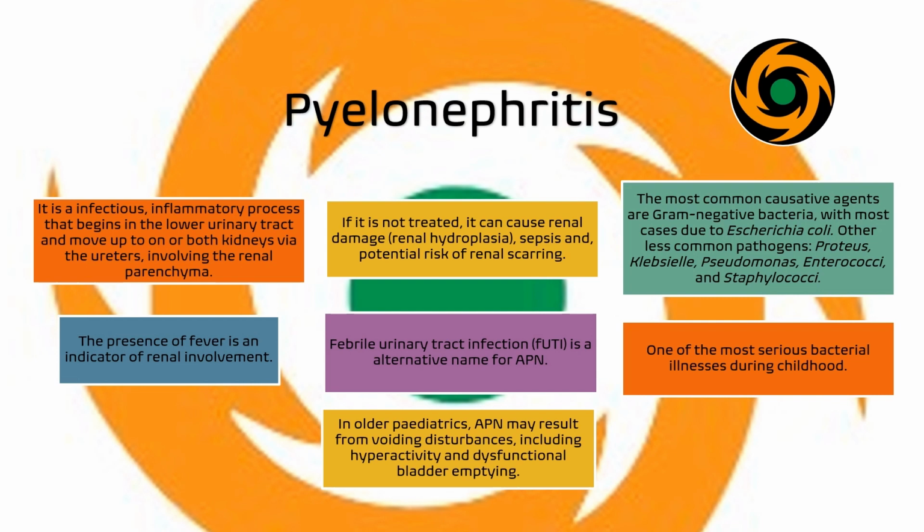Pyelonephritis generally is perhaps one of the most serious bacterial illnesses in pediatrics, or young people, and in older pediatrics or those who approach adolescence. For example, APN may result from voiding disturbances, including hyperactivity and dysfunctional bladder emptying as well.